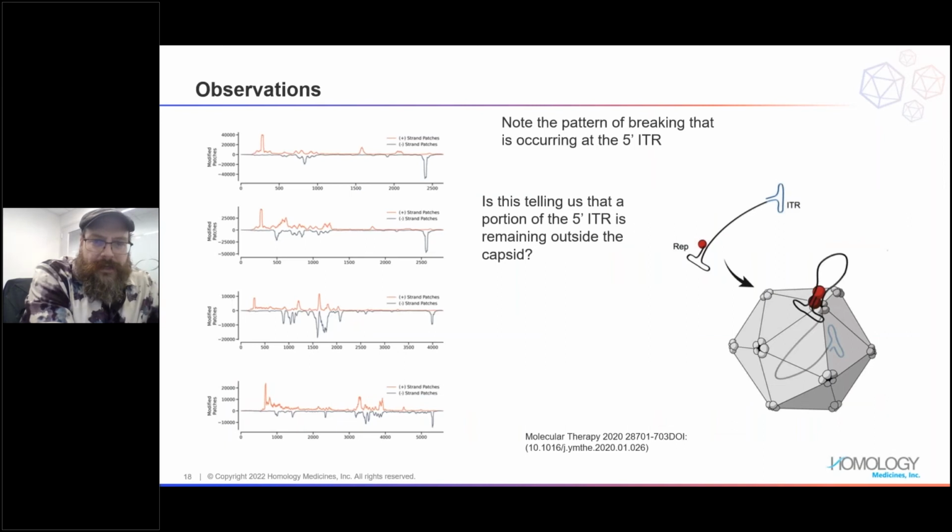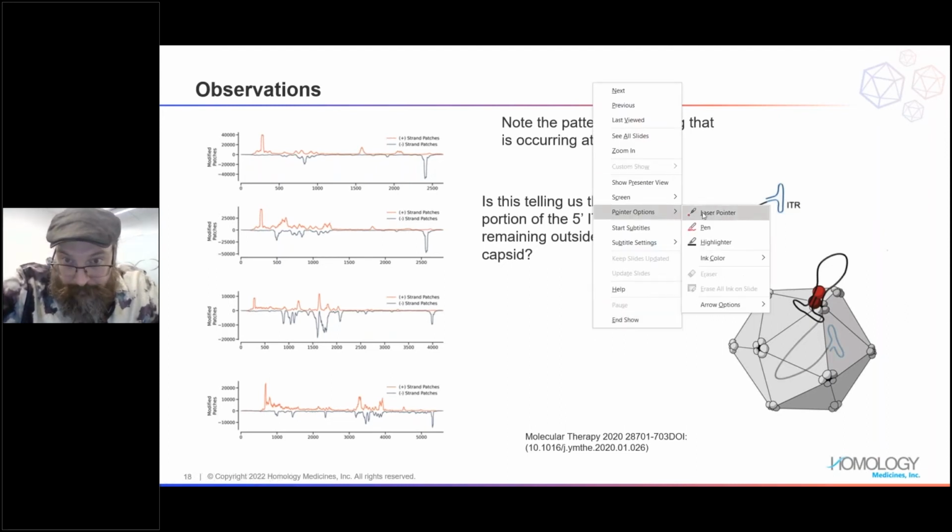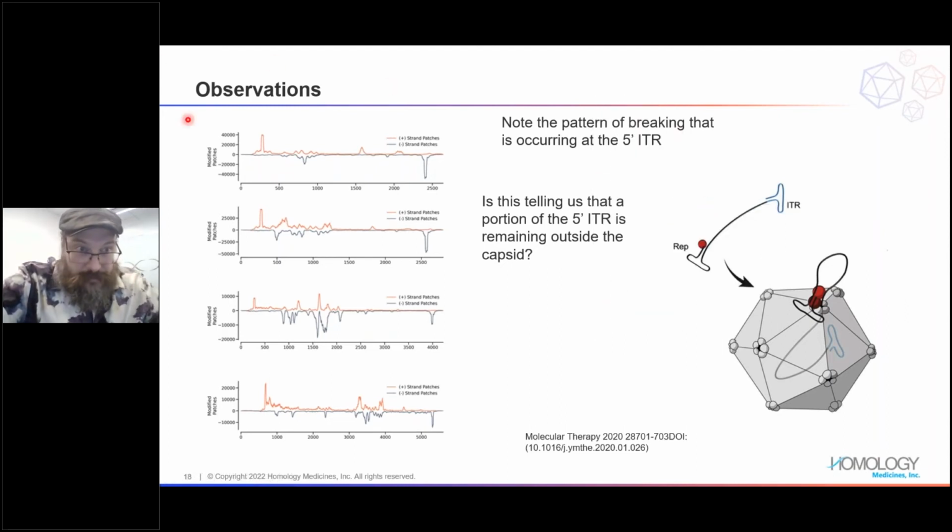One of the other things that's really kind of interesting from a biological standpoint, we also were able to detect is this funky pattern, as you can see here. So I'm going to change my pointer. Hopefully that's visible. As you can see here, you've got this particular pattern that is consistent across all of our designs, regardless of what we're doing.